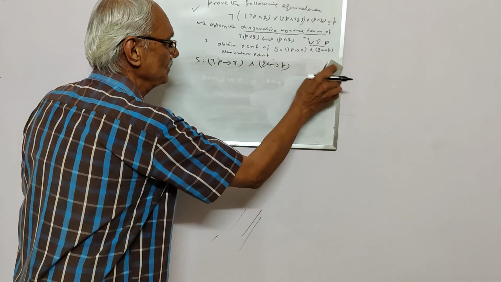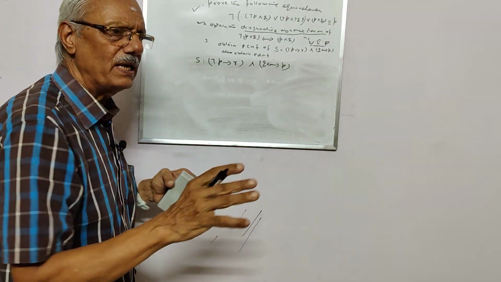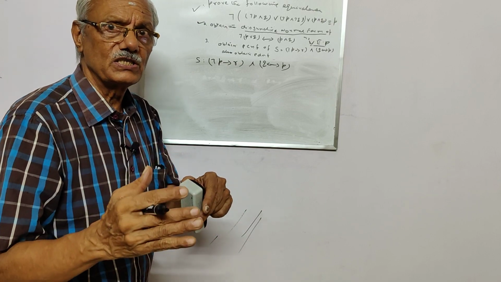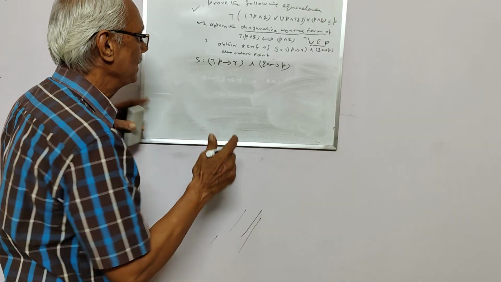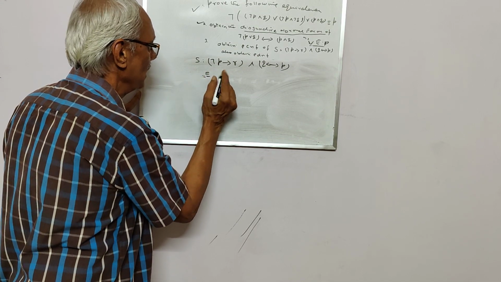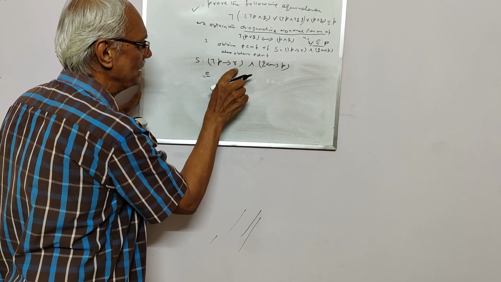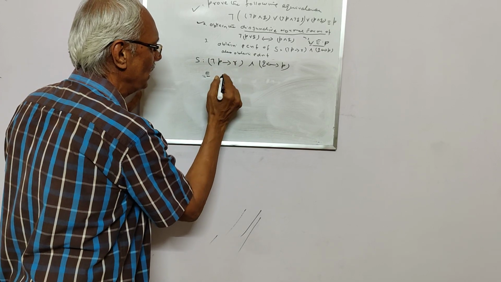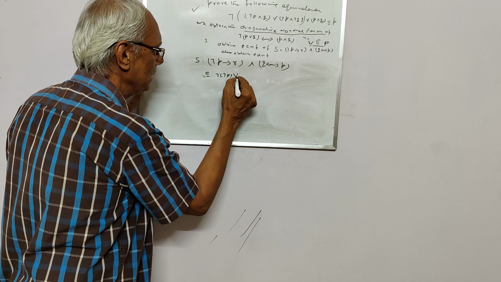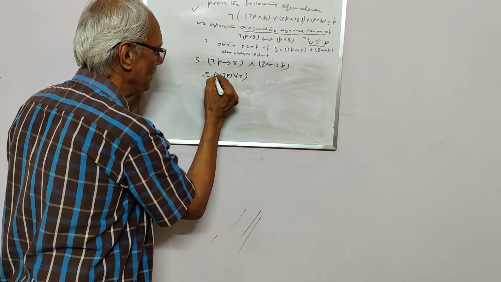See, now apply all the algebraic laws applied to propositions here, then you will get it. Now this is of the form P implies Q, which is equivalent to negation of P union Q. Are you able to understand what I am writing here?